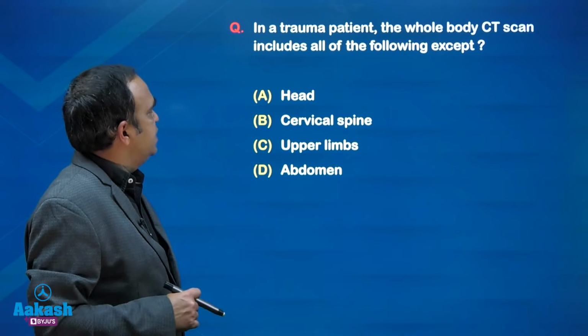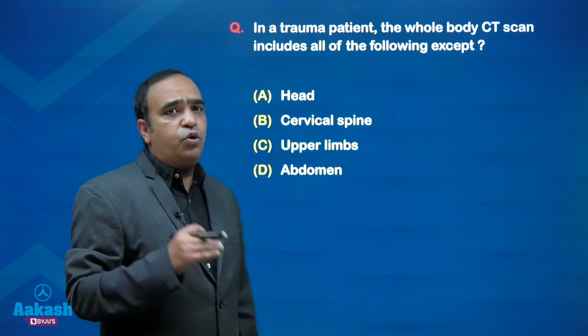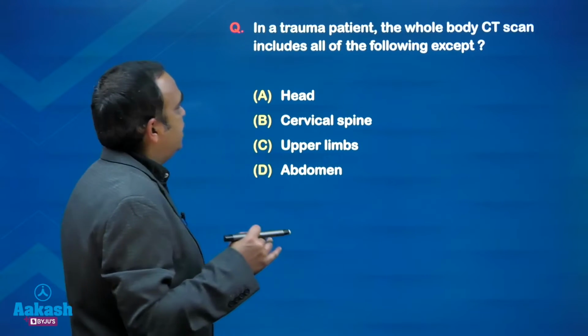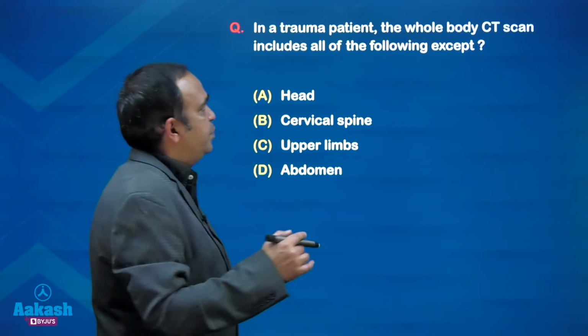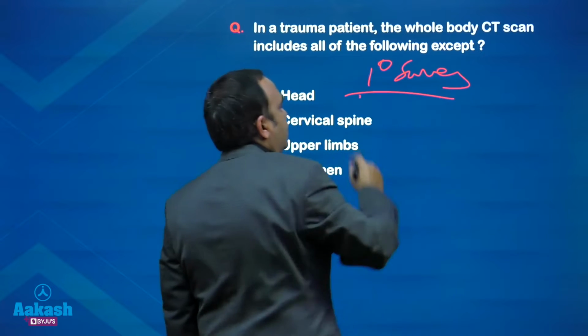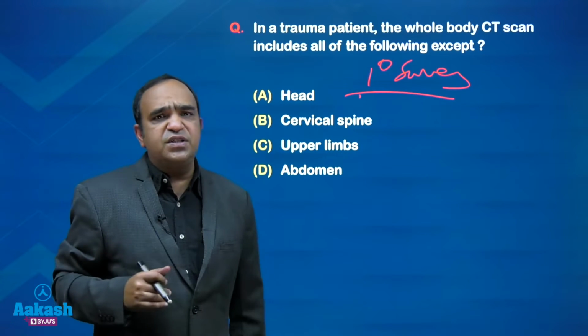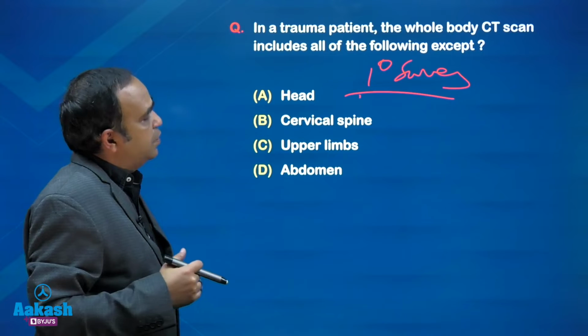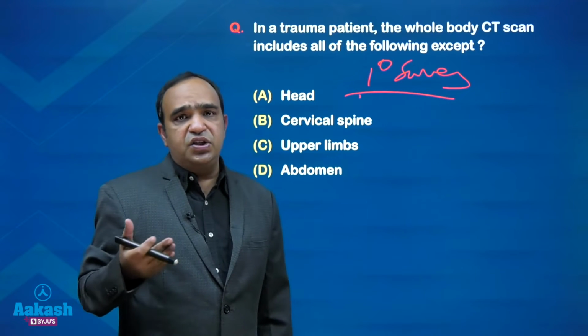This is again a very easy question. In a trauma patient, the whole body CT scan includes all of the following except, basically the primary survey. All of you know the steps of management of a trauma victim: primary survey, secondary survey and tertiary survey.